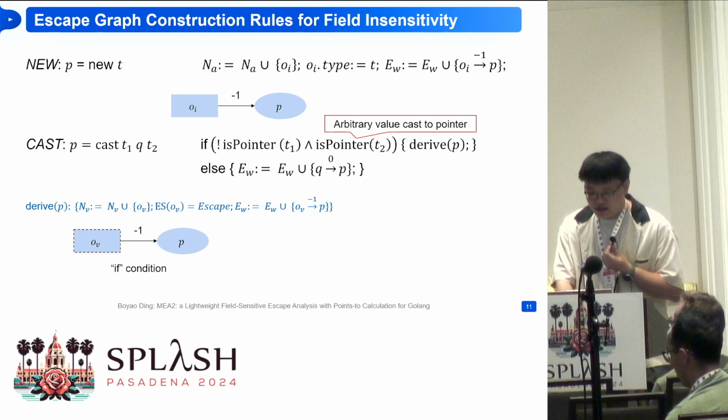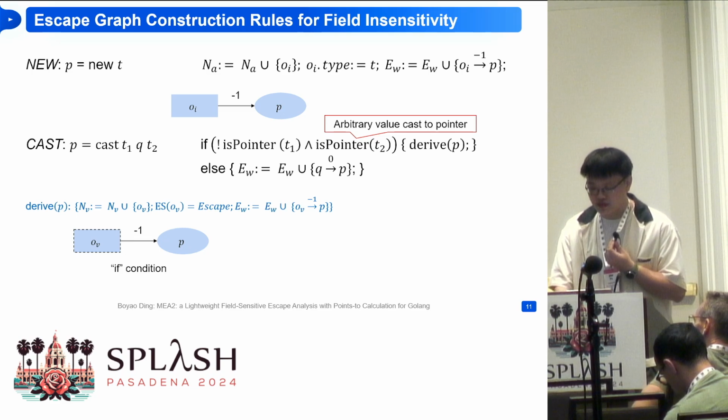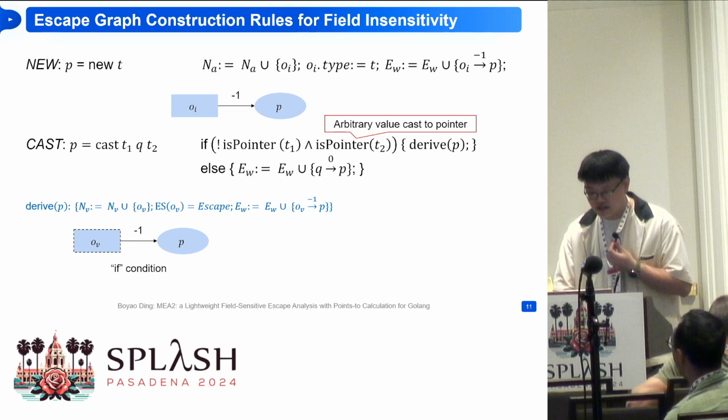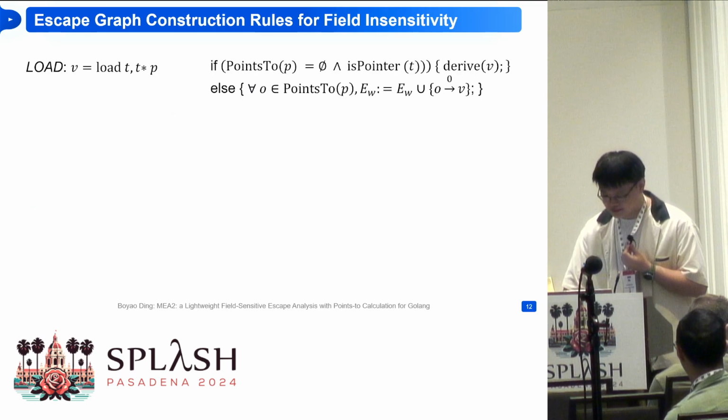As shown here, the derive operation will create a virtual object node, OV, to represent the pointee of P and mark it as escape. In other cases, we treat the cast as a copy operation.